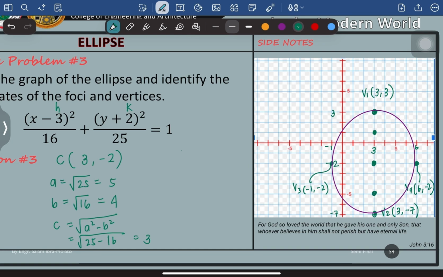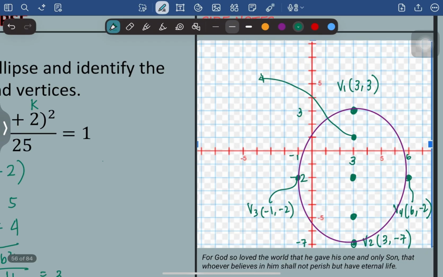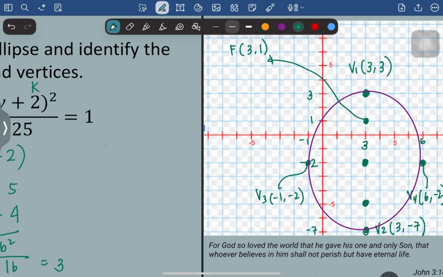Therefore, the coordinates of the focus is 3, 1. Then the other focus, F prime, at 3, negative 5.